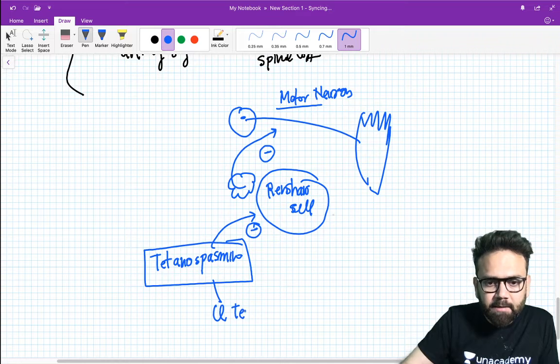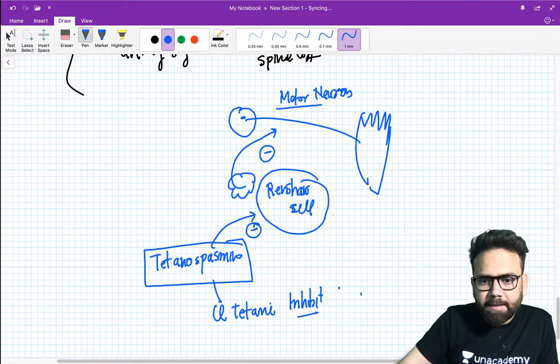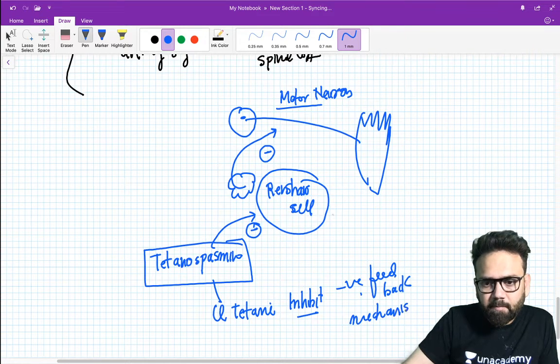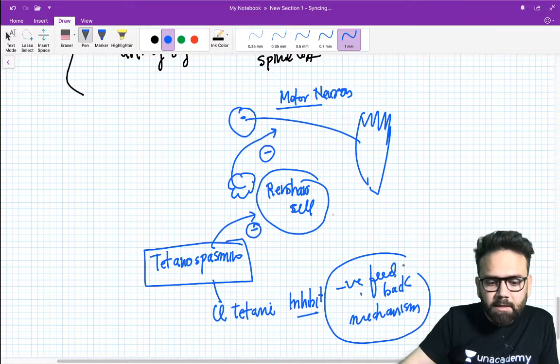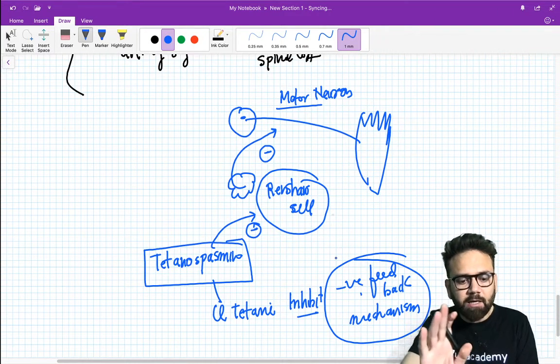Clostridium tetani inhibits what? The negative feedback mechanism. So all three are different.